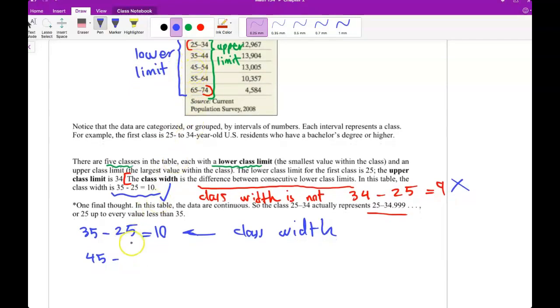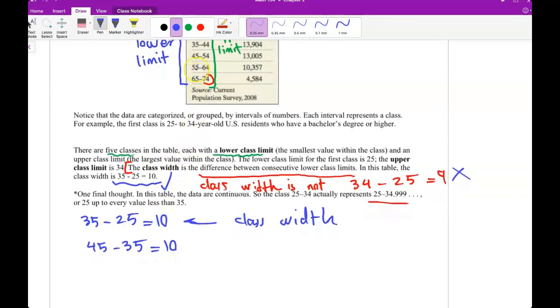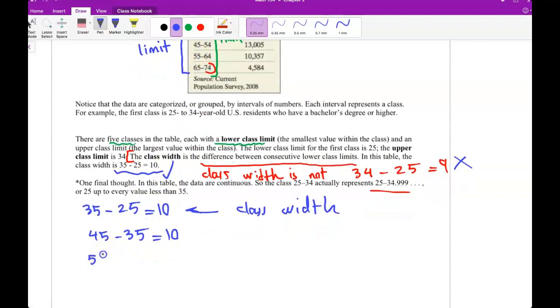Now I have 45 minus 35, again 10, and 55 minus 45. For all of these, we should have the same answer. The last one, 65 minus 55, here again is 10.